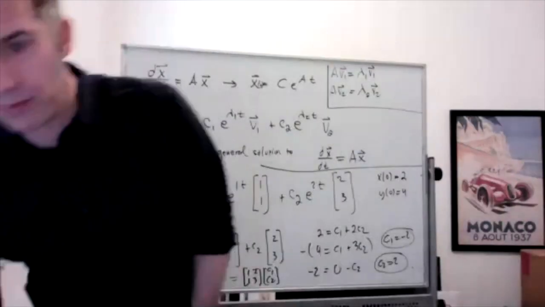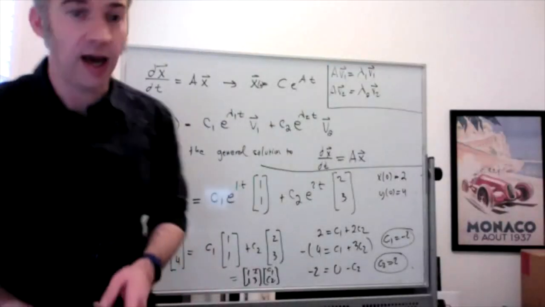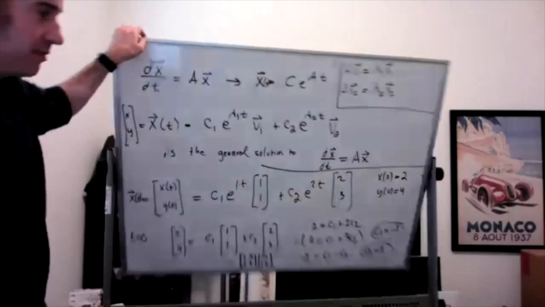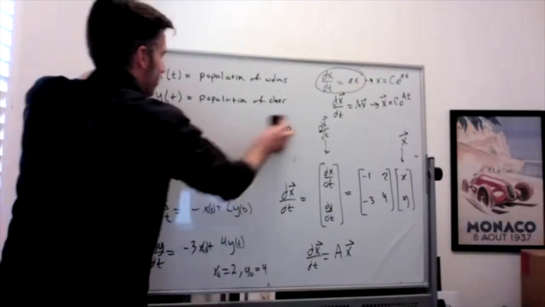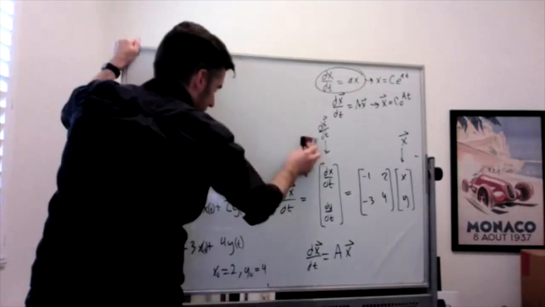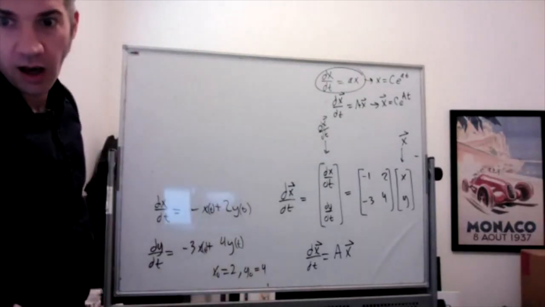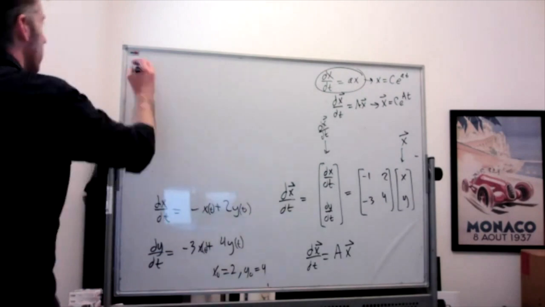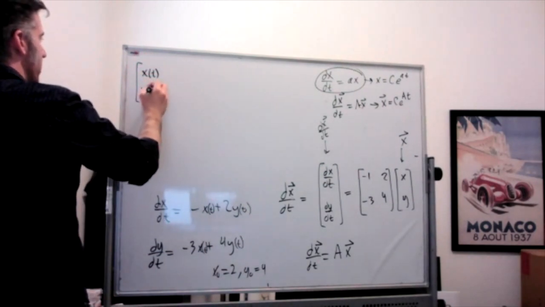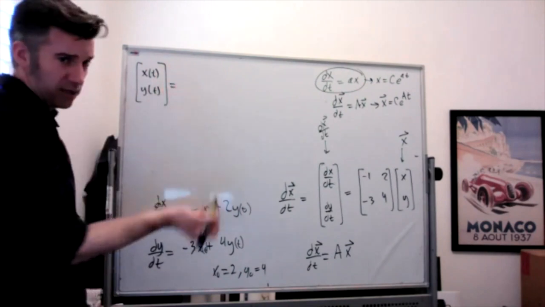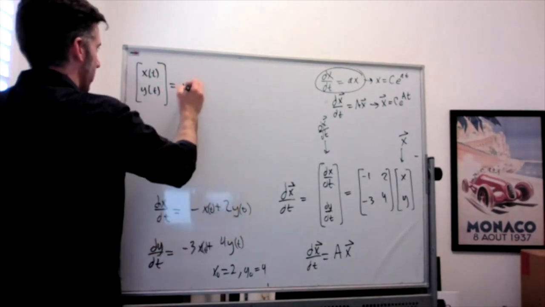Okay, so here's what we've got. We've got a lot, but we have the solution to the system of equations. So our solution is the following. x of t, y of t, which we could write separately, but we usually write them together, which is the vector x of t.